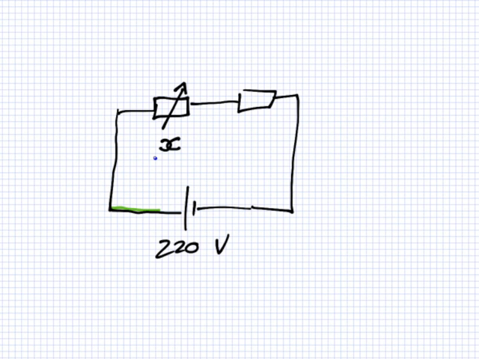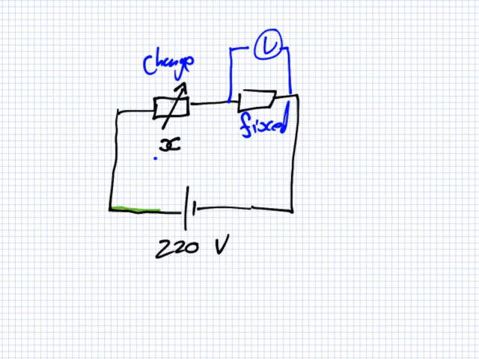How do I know it can change? Well, for the potential divider, you have 2 resistors. One here which is fixed, and the one outside here is one you can change. So you can make it bigger or smaller. It's always like this. You can usually change this one.